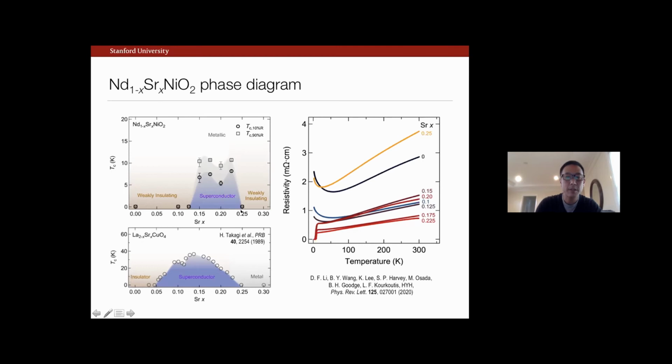But what is rather surprising, as I said, in our results is that on either side of the superconducting dome, we have these weak resistive upturns. This is quite in contrast to the bounds of superconductivity in the cuprates, going to a good Mott insulator and to a reasonably good Fermi liquid metal on either side.